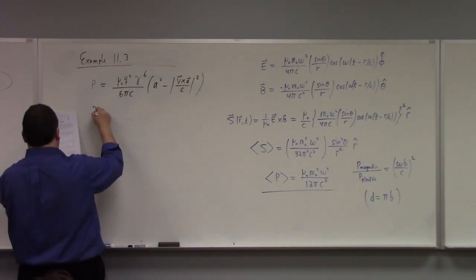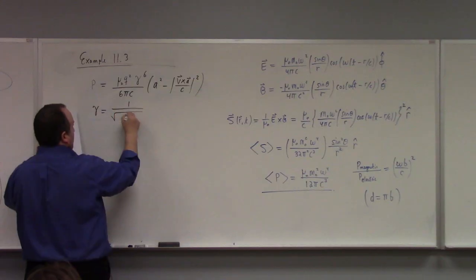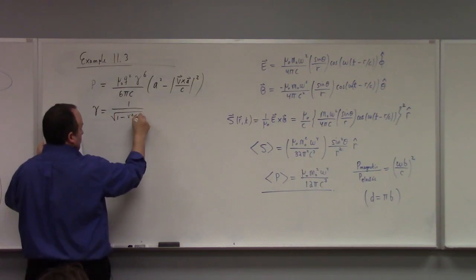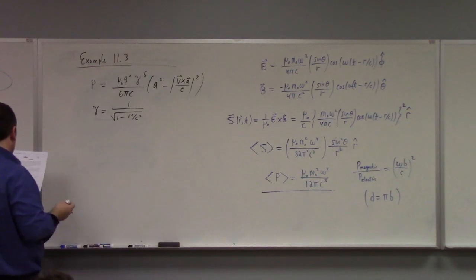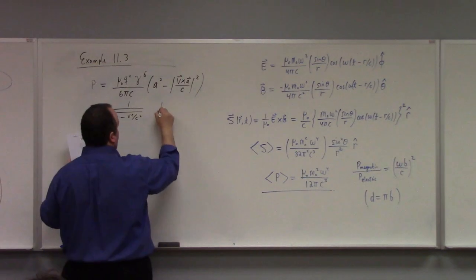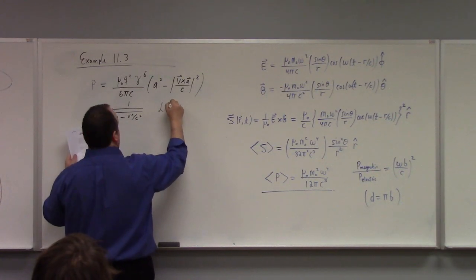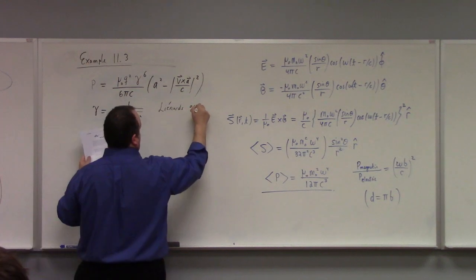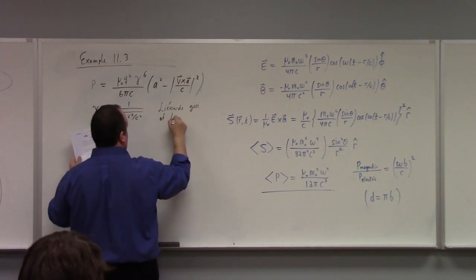And here gamma, as per usual, is 1 over the square root of 1 minus v squared over c squared. Shout out to chapter 12. So again, this is Lienard's generalization of the Larmor formula.